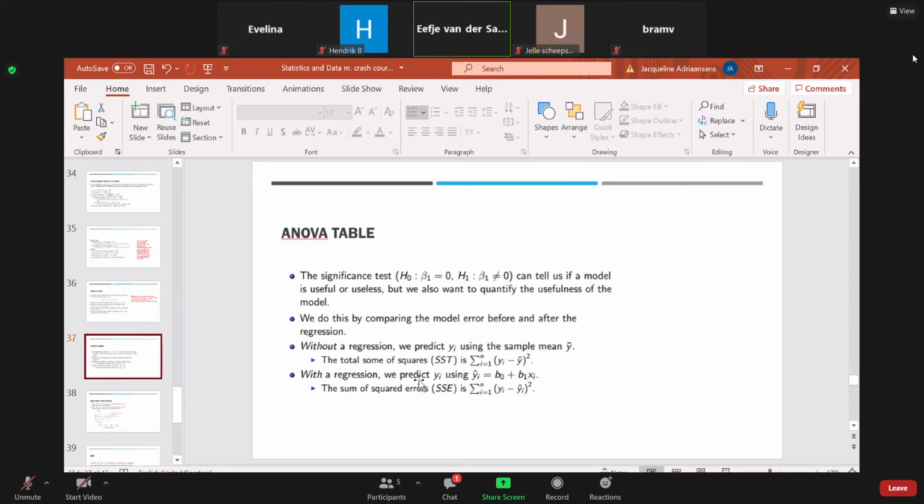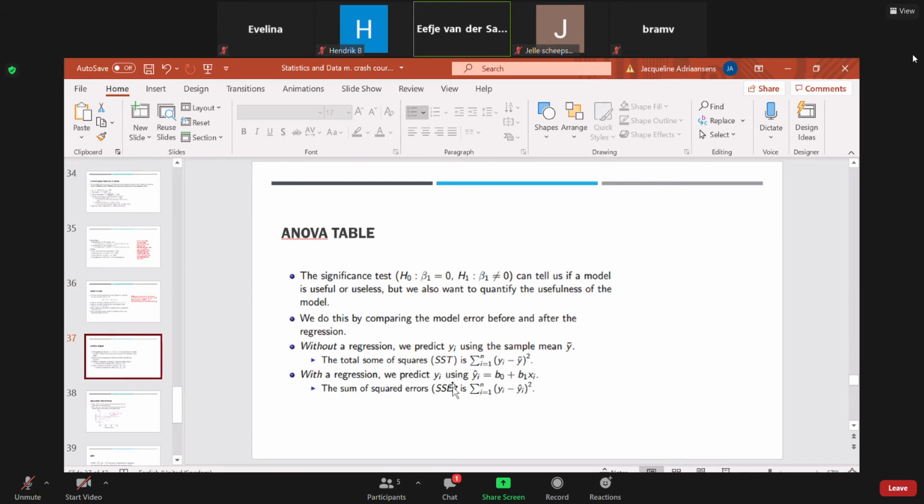And the total sum of squares, this should be sum, another mistake. The total sum of squares, SST is what we call it, where I see the t as total, that's how I remember it, is then the actual y minus the predicted value of y, squared. That's the SST. I'll get to a picture soon so that you can get the idea.